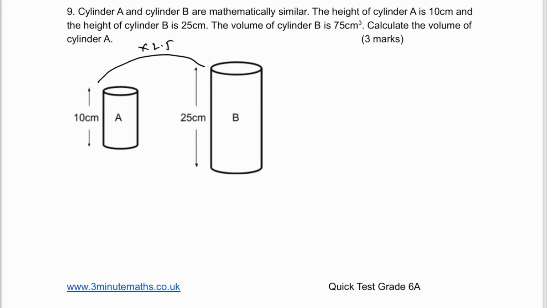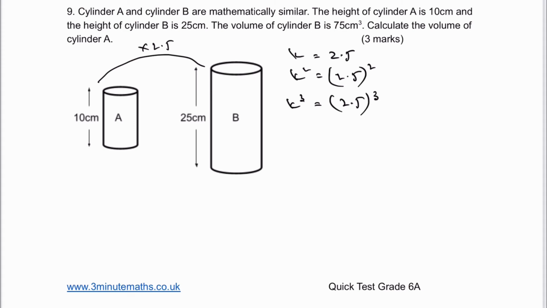So effectively what we've got is the scale factor, which we'll call K, is a linear scale factor of 2.5, but it also follows that the area scale factor is going to be 2.5 squared. The volume scale factor is going to be 2.5 cubed.